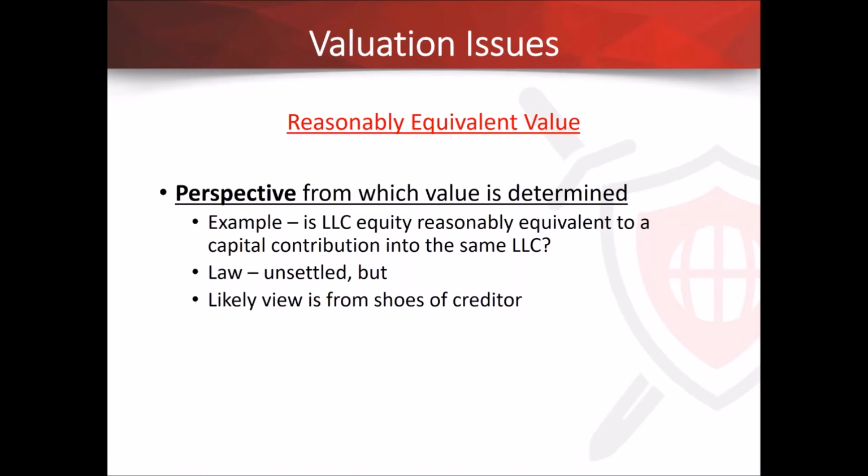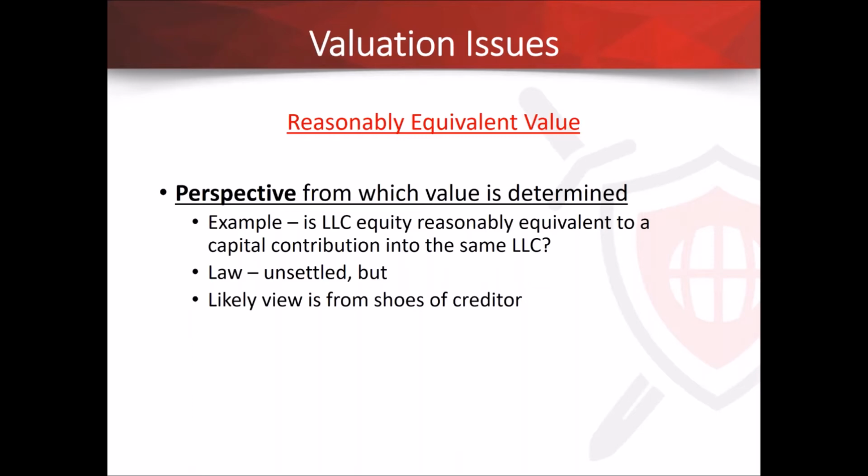So there's a trend toward ignoring, when you determine solvency, and this reasonably equivalent value issue, which is how you prove fraudulent transfer, toward making that determination from the perspective of the creditor. So if the creditor can't reach the asset that's coming back in, it's basically dropped from the asset side of the solvency determination, which is a huge issue.